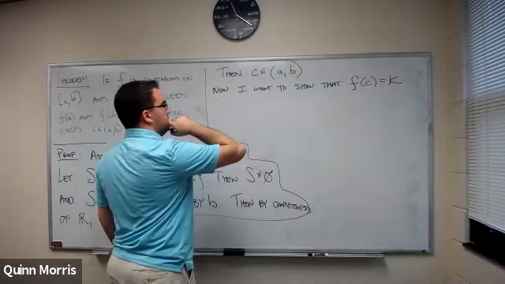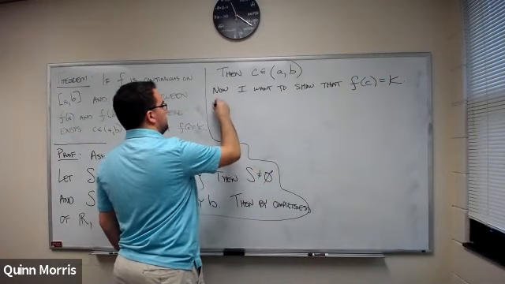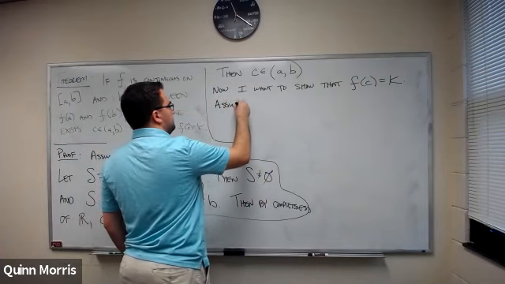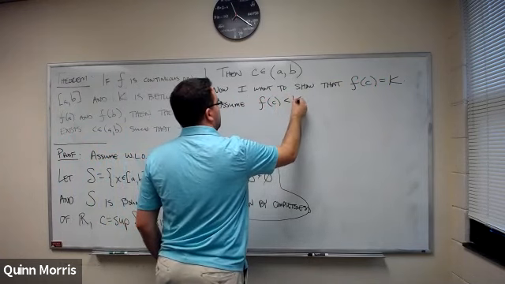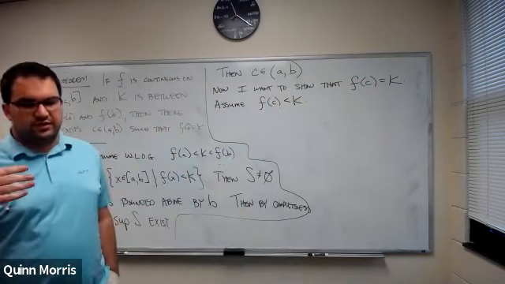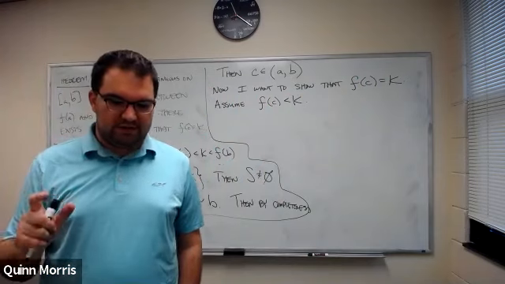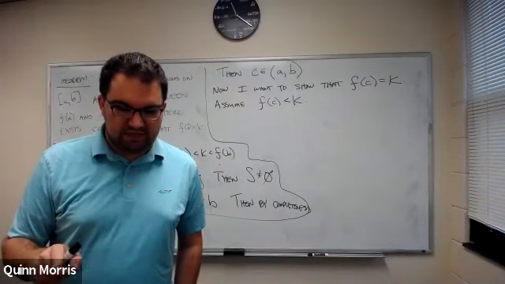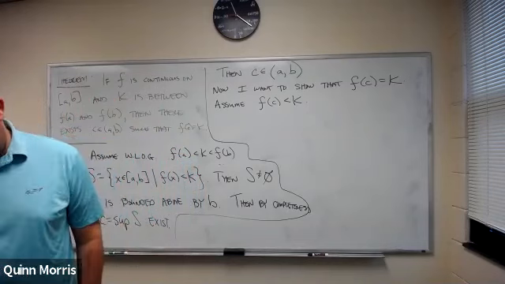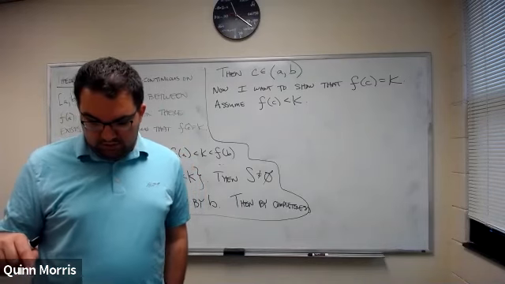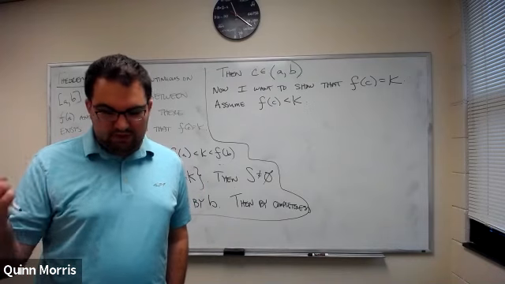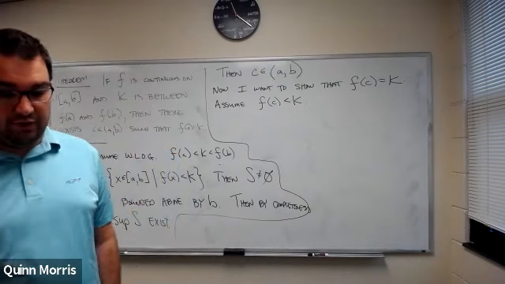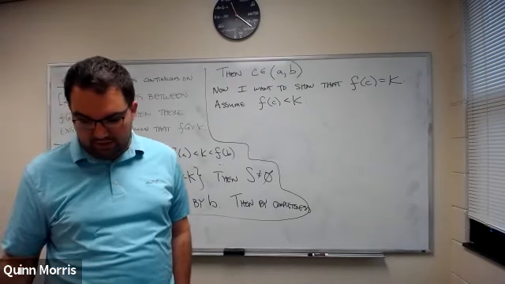So assume f of C is less than K. So I'll sort of do this by looking at two cases. I'll assume that f of C is less than K. Then I'll look at what would happen if f of C was greater than K. I'll show neither of those can happen, so it must be that f of C is equal to K.